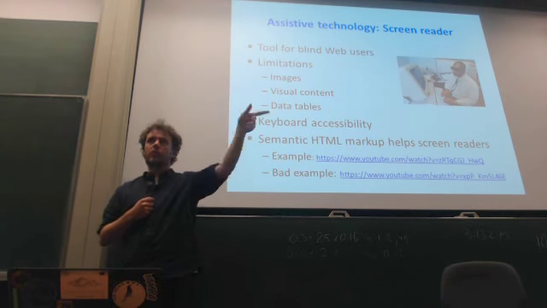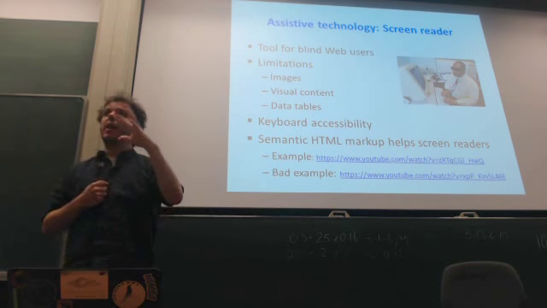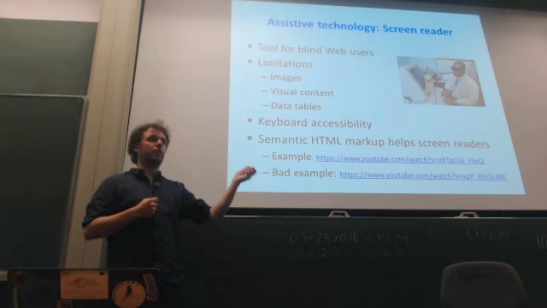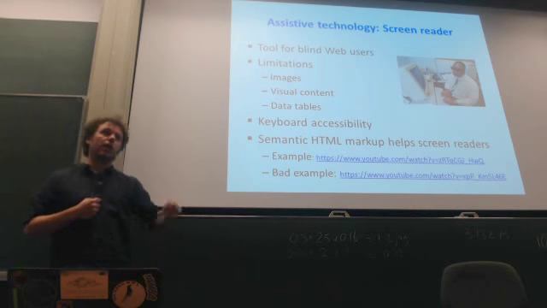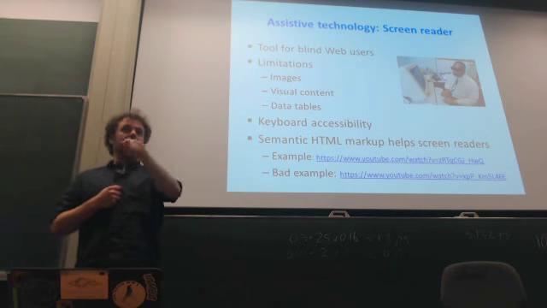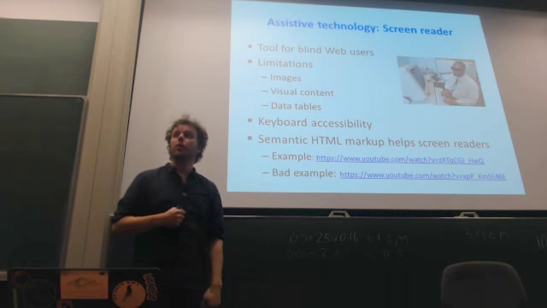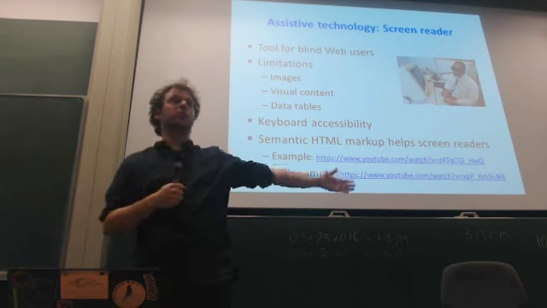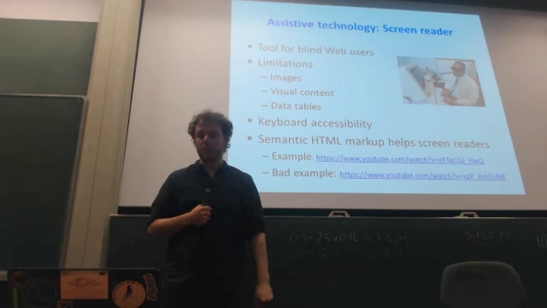Otherwise, visual content in your website, so borders, arrows that might be weird and wonderful, and tables are problematic, right? Because for a visual user, it's very easy to identify pieces of content in a table by extrapolating, but for people that have a disability, tables are basically just very long lists of numbers or data.